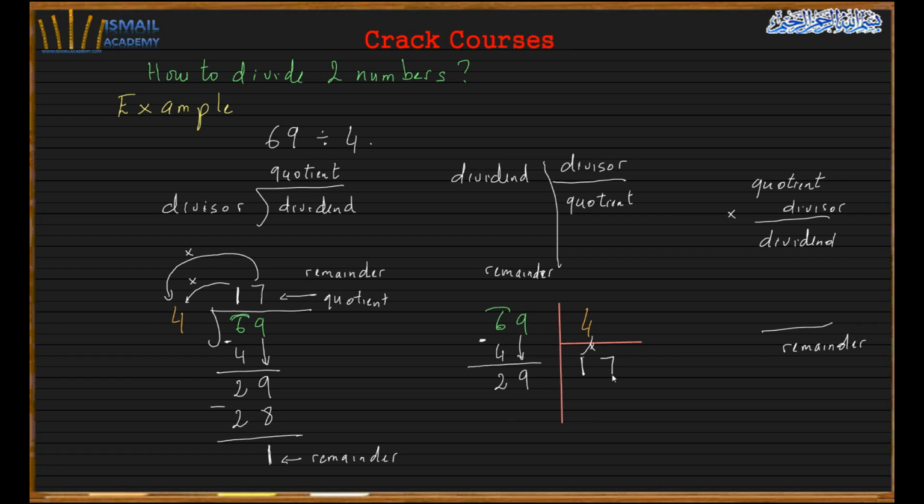It's 7. So again, 7 times 4 is 28. I subtract. Here I will have 1. So 1 is my remainder. And as you see here, 17 is my quotient.